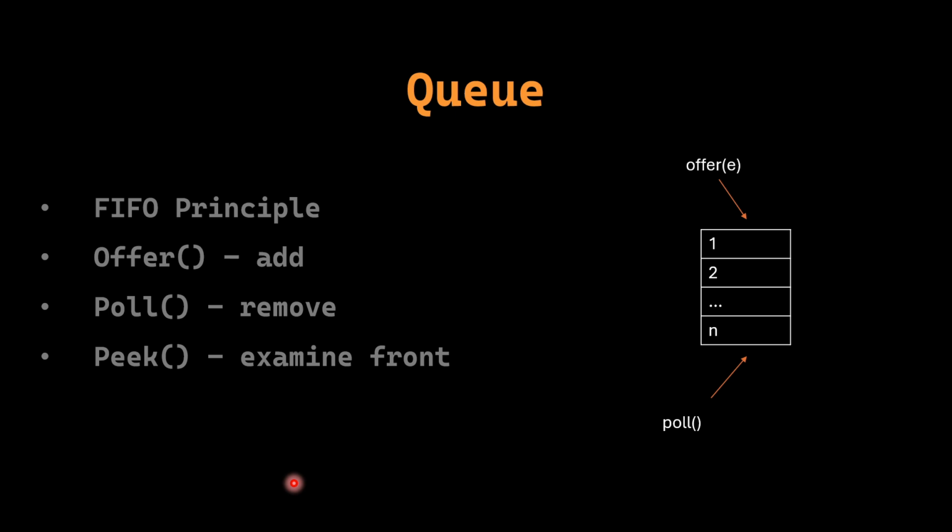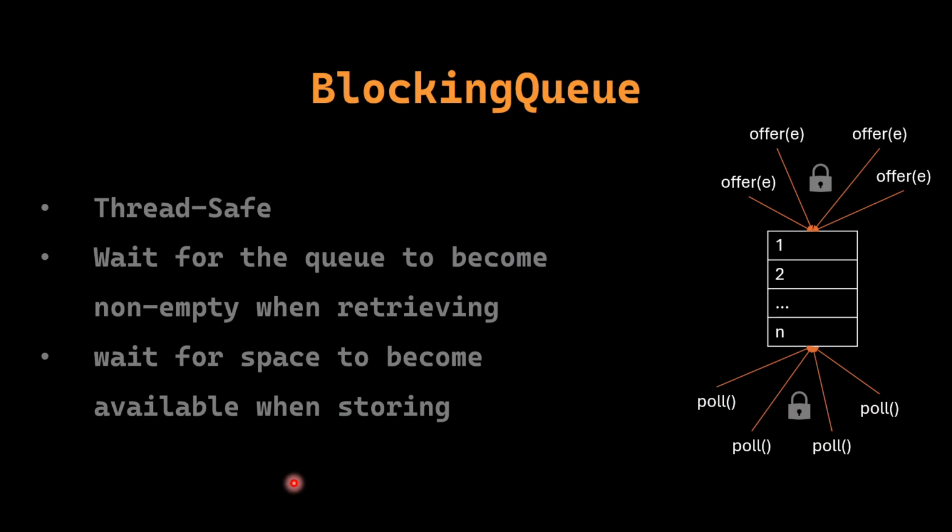Let's explore what makes BlockingQueue different. BlockingQueue extends the Queue interface with operations that wait for the queue to become non-empty when retrieving an element and wait for space to become available when storing an element. This is a game changer for concurrent programming.